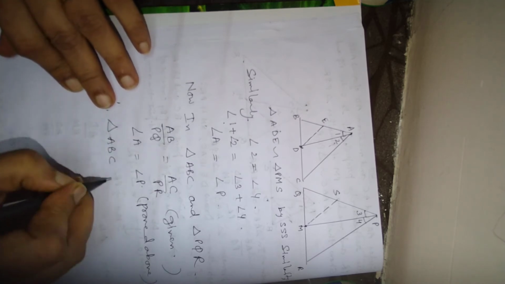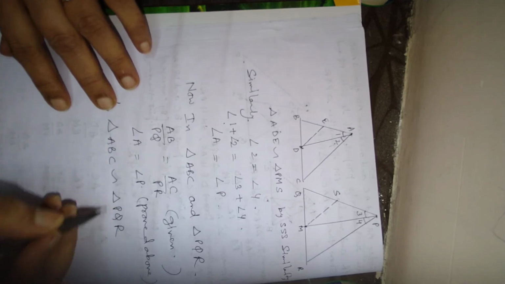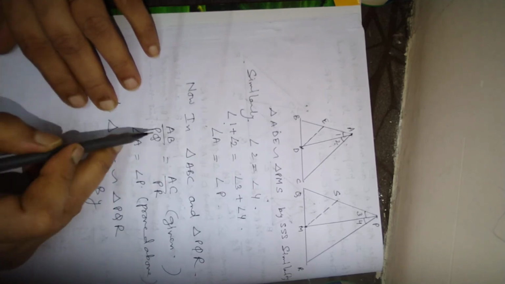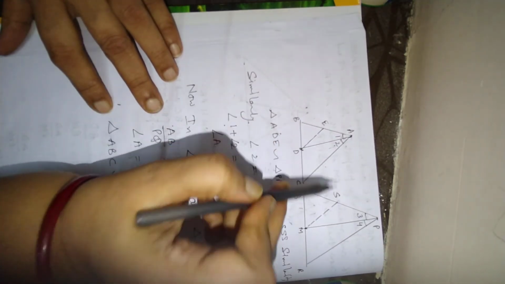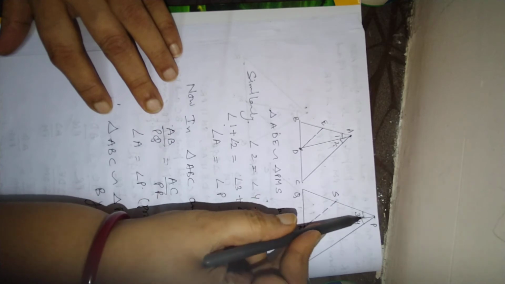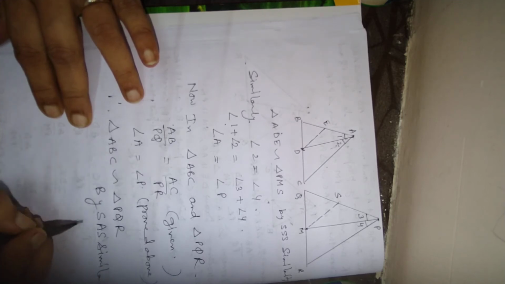Therefore, triangle ABC is similar to triangle PQR by side angle side, by SAS similarity criteria.